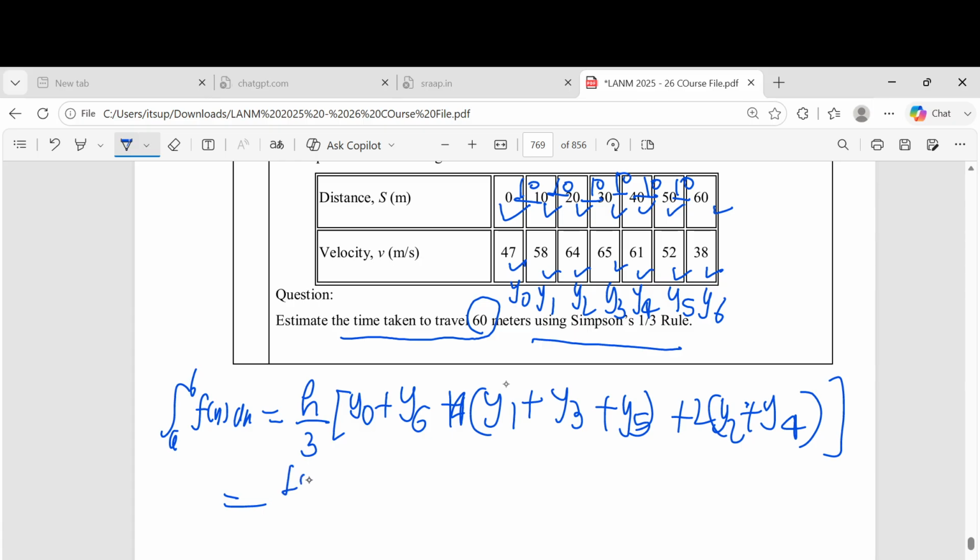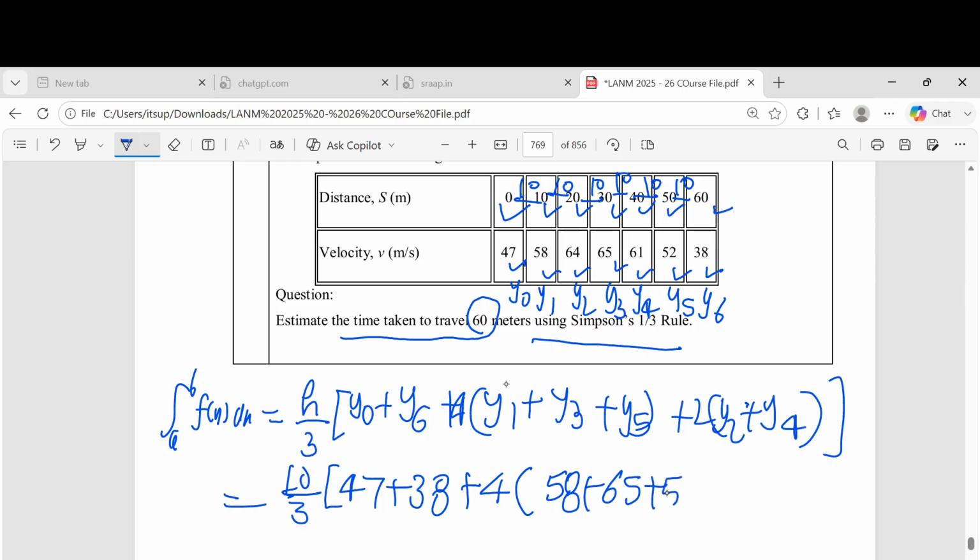So this is 10 by 3. Y0 means 47 plus 38 plus 4. Y1 means 58 plus 65 plus y5 means 52 plus 2 times y2.